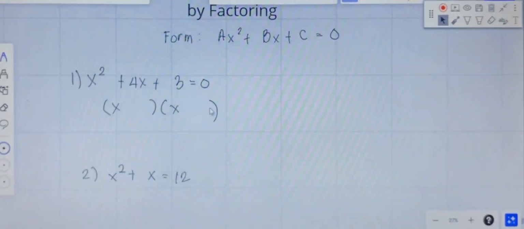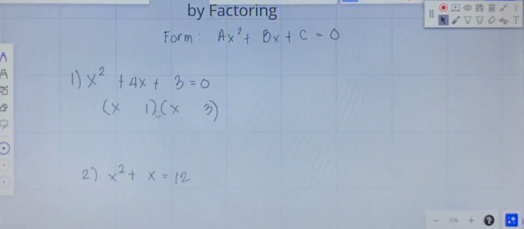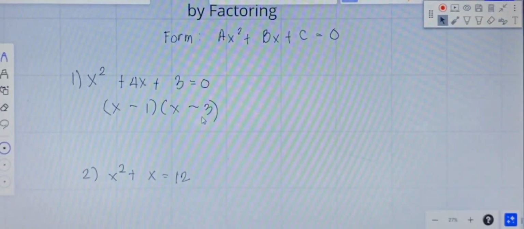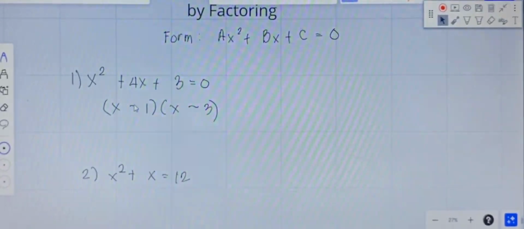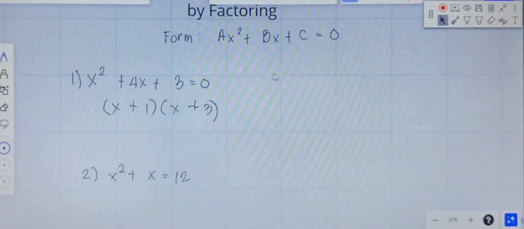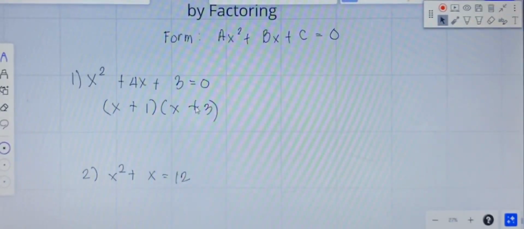Of course, the factors of 3 are 3 and 1. So basically, this is positive 3. So the possible solutions are both of them are negative. Negative 1 times negative 3 is still positive, or both of them are positive, because 3 times 1 is 3.